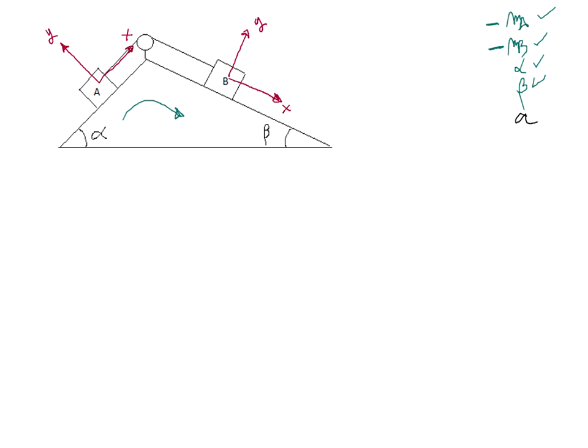All we have to do is figure out the left-hand side, which is the sum of the forces, and then we can deduce the right-hand side. And we notice that we have more than one system, therefore we know right away we're going to apply Newton's second law on object A and object B. Then we're going to use Newton's third law to connect those two systems twice. And then we're going to use the property of the pulley, which is the property that we're going to learn in the chapter on rotation.